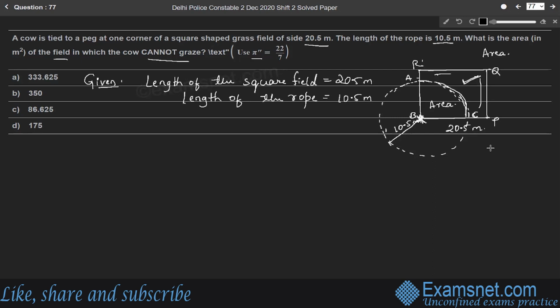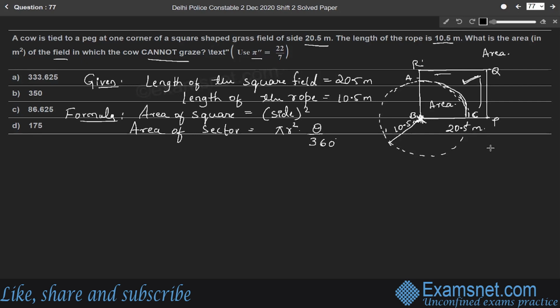So we have to calculate area of the whole square field and area of the sector. For that we need the formula: area of square is equal to square of its side, and area of any sector is equal to pi r square into theta by 360, right?